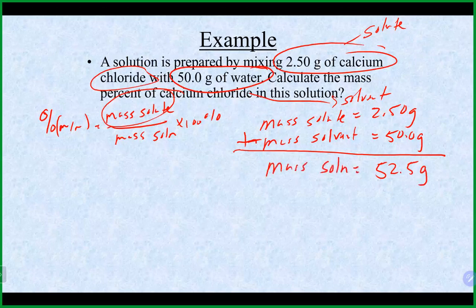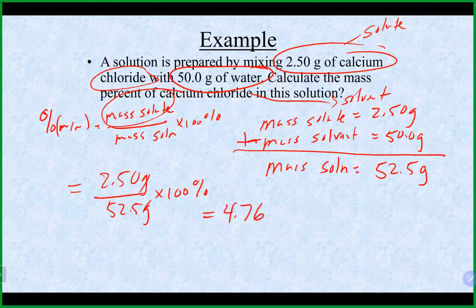Now that we actually have the correct mass of the solution here, we can put it in. That's going to give us 2.5 grams divided by 52.5 grams times 100%. Again, the grams will cancel here. Leaves us with a percentage. And if we do that, looks like 4.76. The way you could kind of give units here is percent.